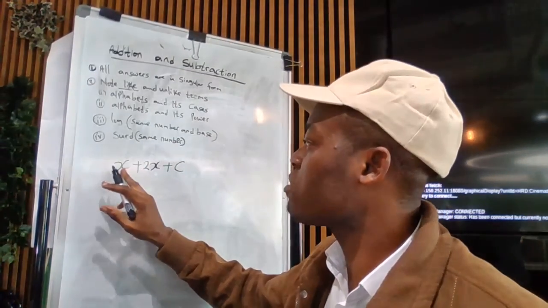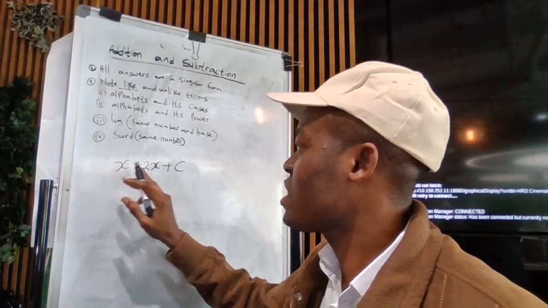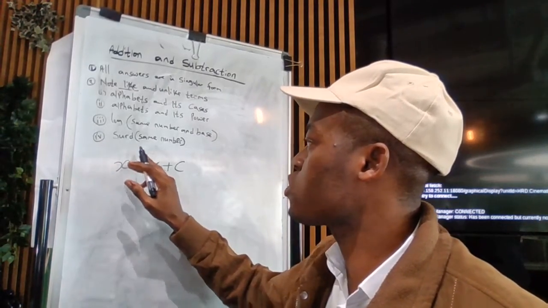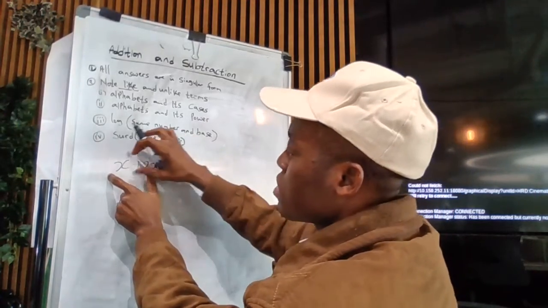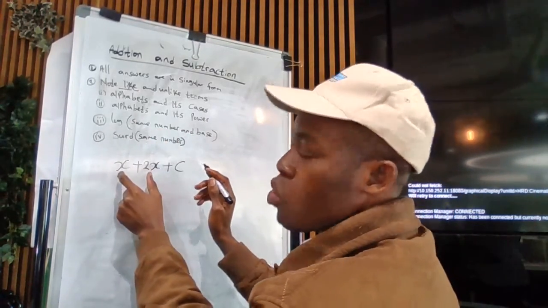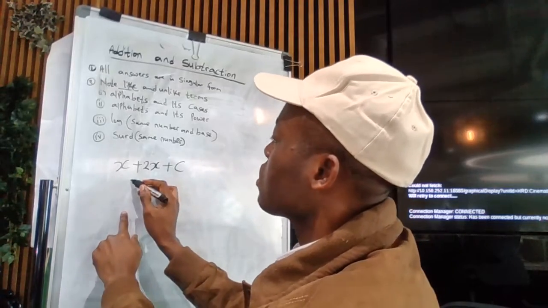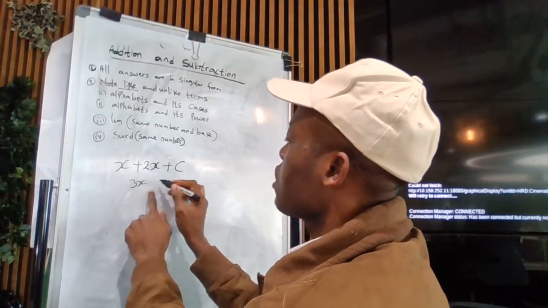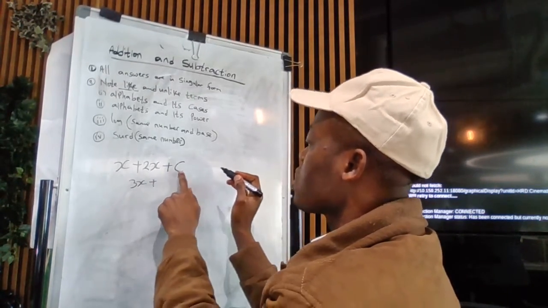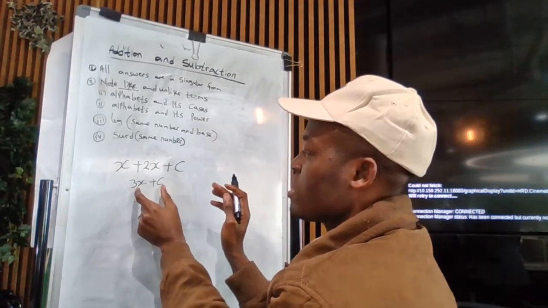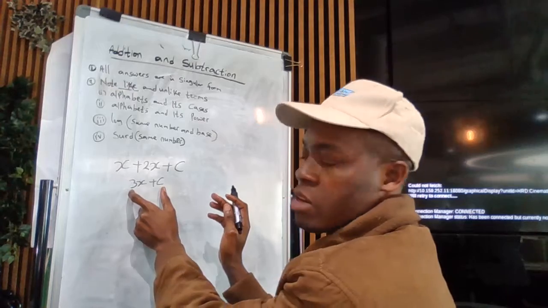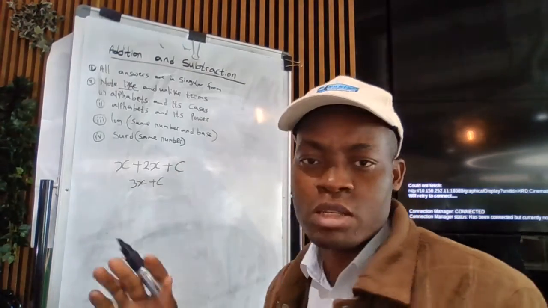So the coefficient of this x is 1, the coefficient of this x is 2. That is, you can add this, you cannot add this plus this. So 1x plus 2x will give you 3x. This plus, you have to put it there. You can't throw it away. It's still part of your answer, but it will remain like this. Are we together?